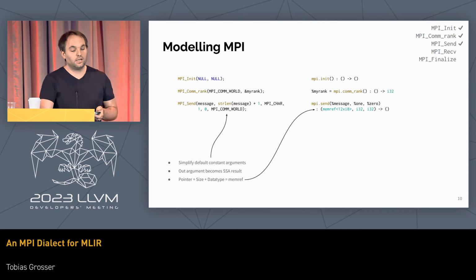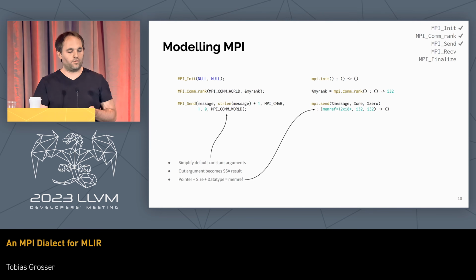MPI send is something that, thanks to the MLIR types, we can simplify a little bit. So it just takes a message, which is a memref buffer, and then it takes 1 and 0, which is the size of that buffer or how much we want to send, as well as the rank where we want to communicate to.